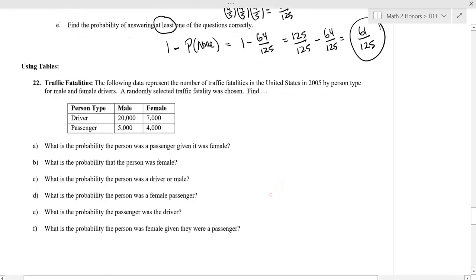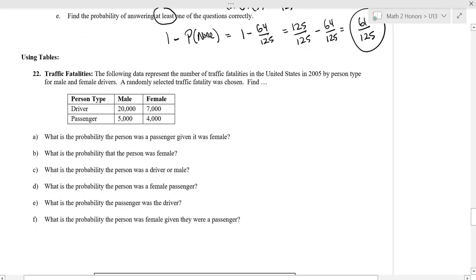Alright, number 22. Here, before I answer this problem, it's going to be easier to find out the row and column totals. So I'm going to put those in here.